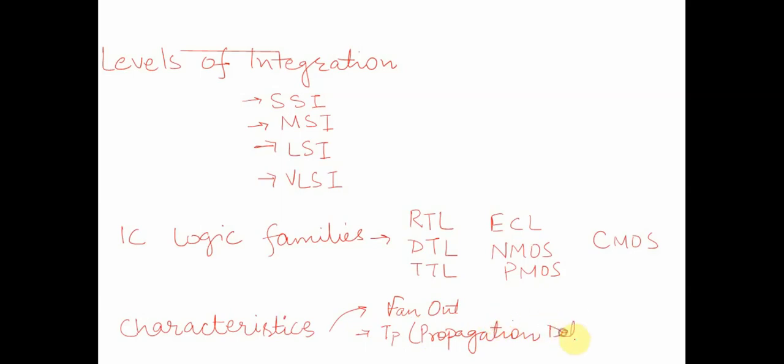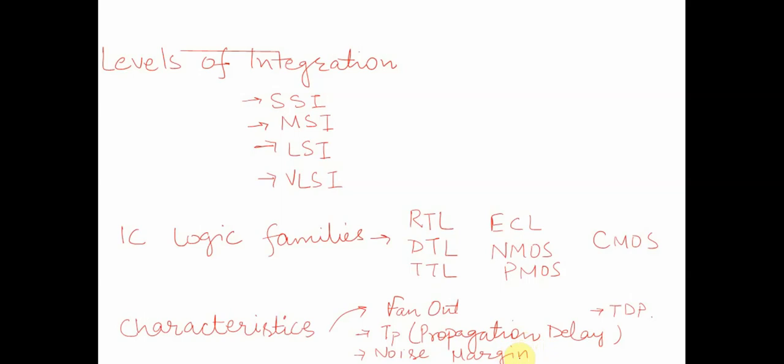In addition to these two, we have noise margin, which is NM, and total dissipated power, which we call TDP, total dissipated power. So in this lecture, we will be talking about levels of integration, what kind of IC logic families we have, and what are the different characteristics of these circuits, correct?